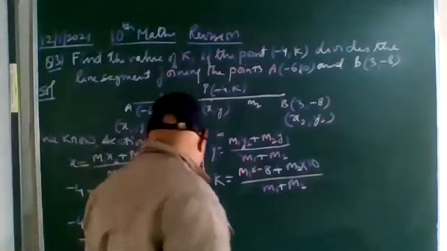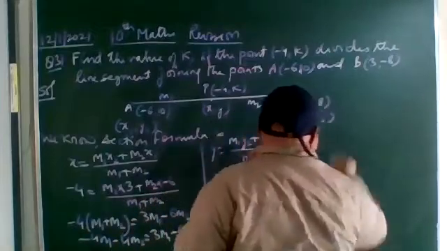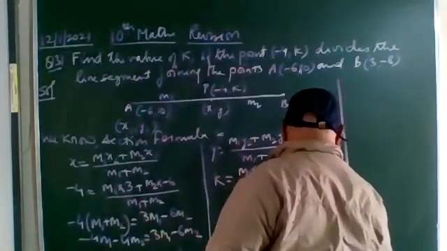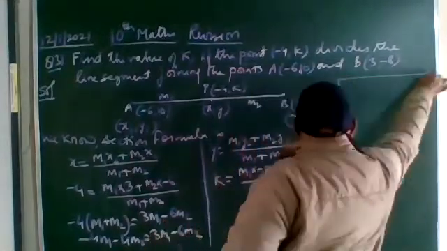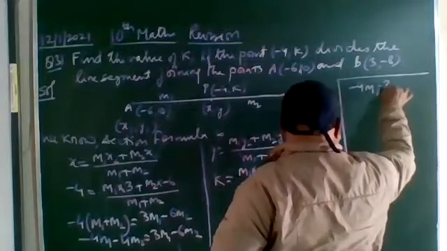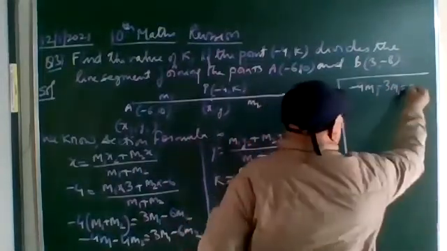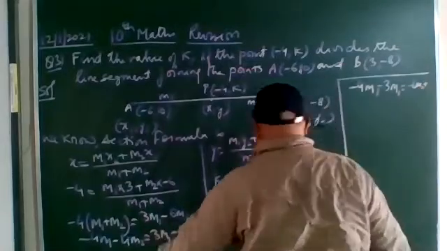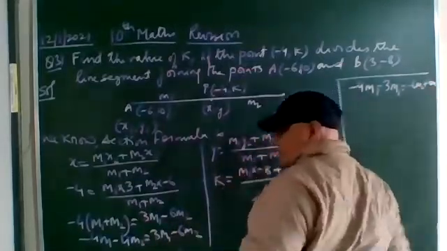You can bring terms to this side: minus 4m1 minus 3m1 equals minus 6m2 plus 4m2.